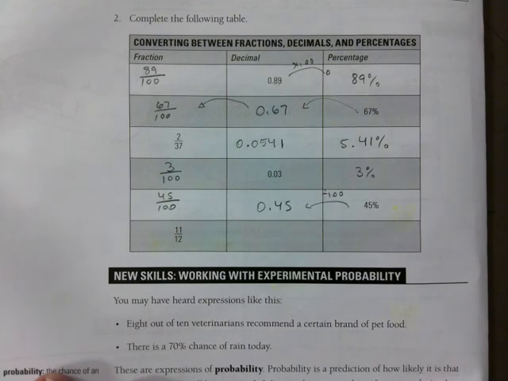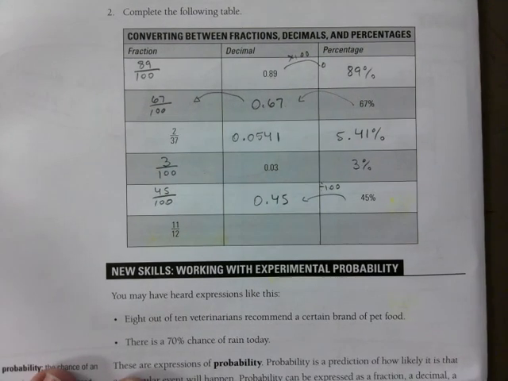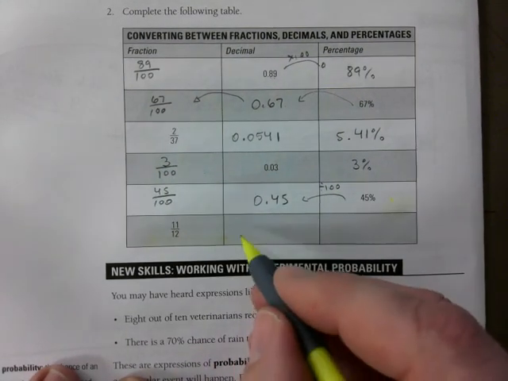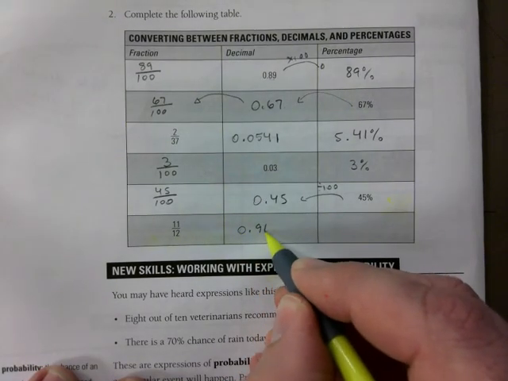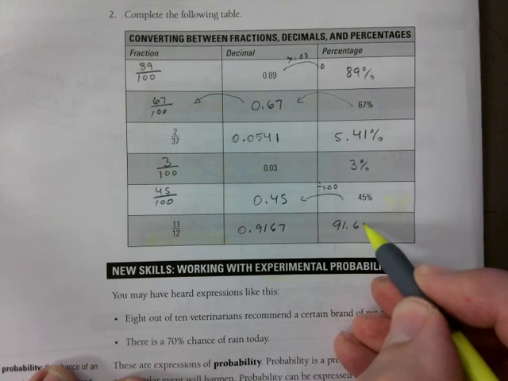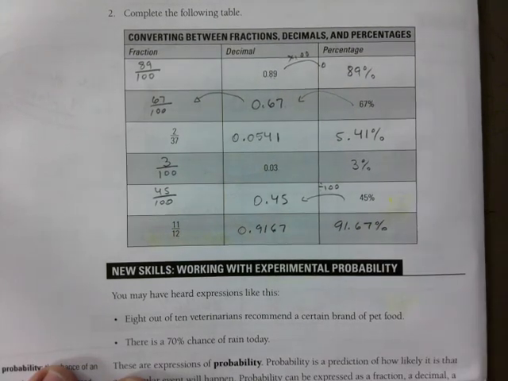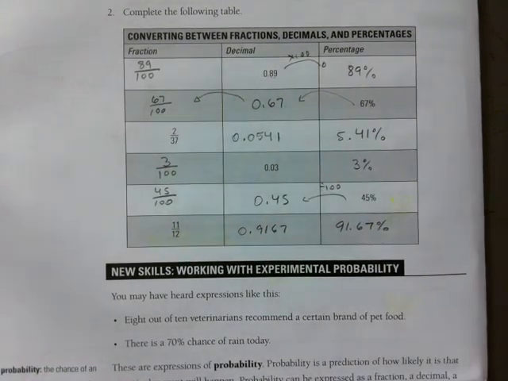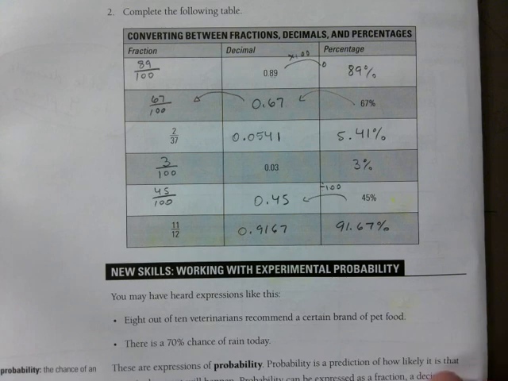You don't need to reduce those, even though you could. Then 11 over 12 is 0.9167, which gives you 91.67%. Okay, so if you were able to fill this in, you're in good shape. Okay, so this is where you're rounding, and so forth.